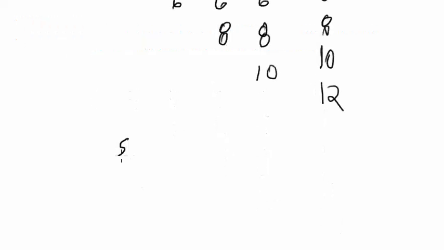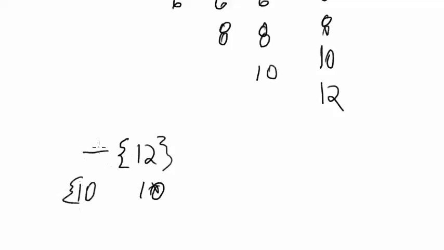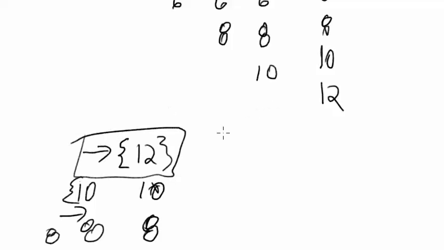So what if I created a list containing the number 12 and then added 10, 10 to that list after pushing that over, and then push this over and add 8, 8, 8 to that list. I'm going to need to learn a function that pushes a list over.